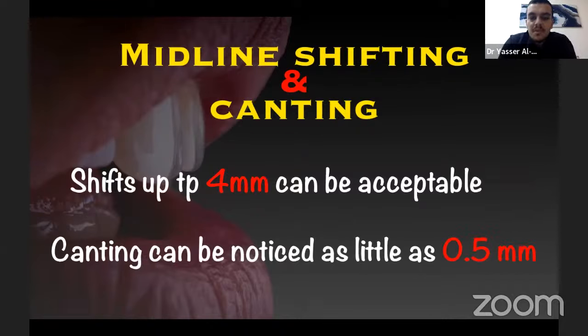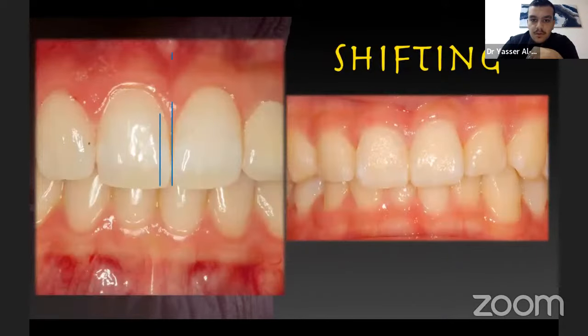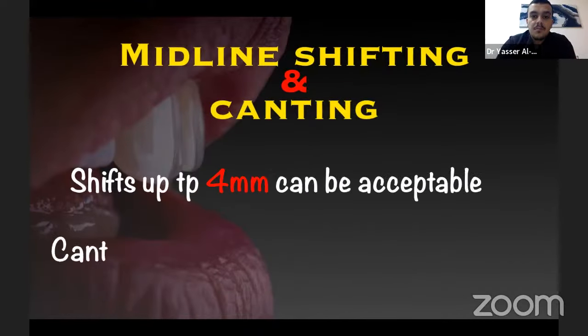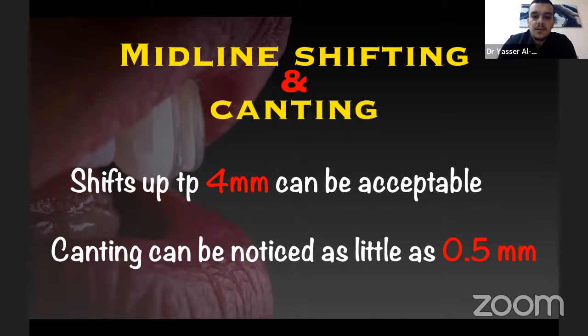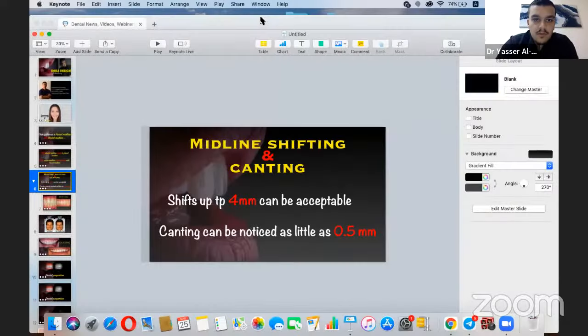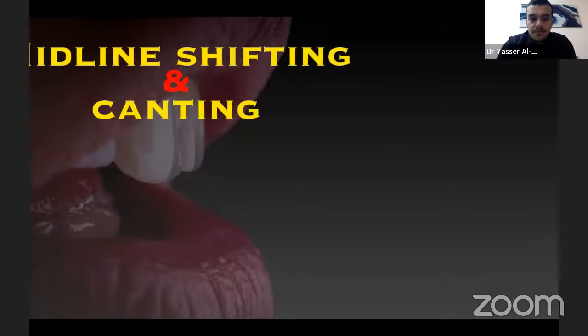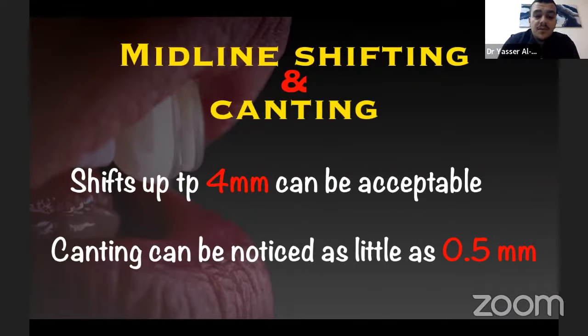It may be a small thing, but there are some problems that make the smile design hard, and make the smile design maybe ugly if we don't solve them. They are the midline shifting and the midline canting.